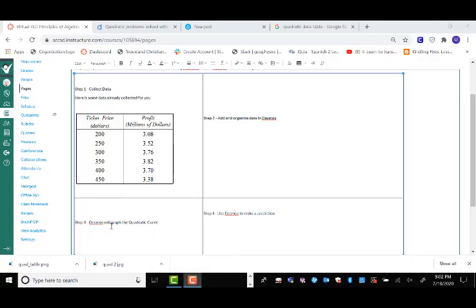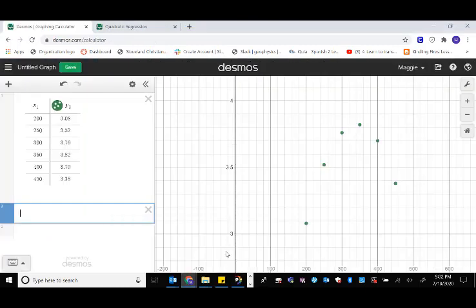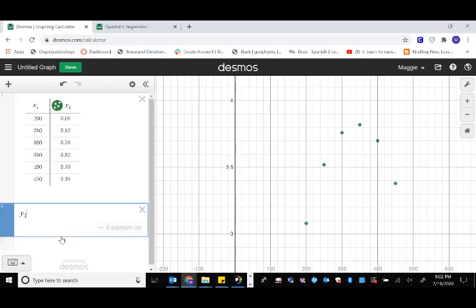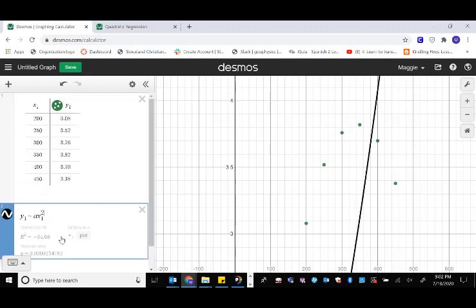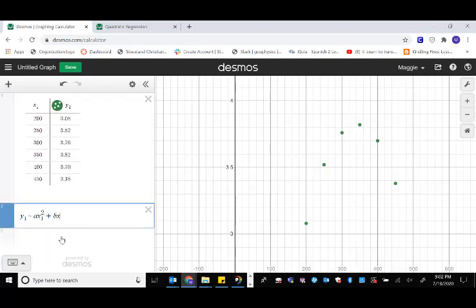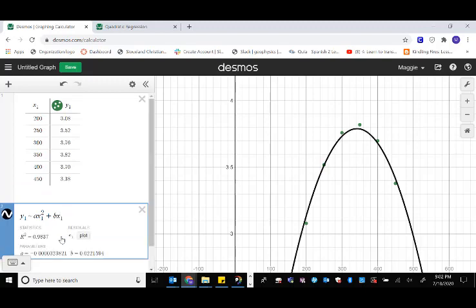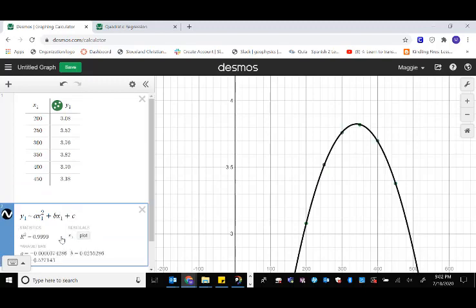So our third step is to have Desmos make our quadratic curve. So you need to go back to your Desmos where you have your points graphed. For this one, we have to type in the quadratic equation. So you're going to type in y1 is similar, that little similar key, ax1 squared, because it's quadratic, plus bx1, that's my linear term, plus my constant.